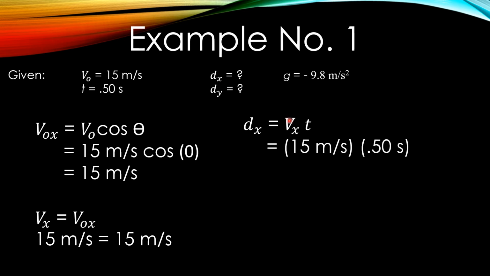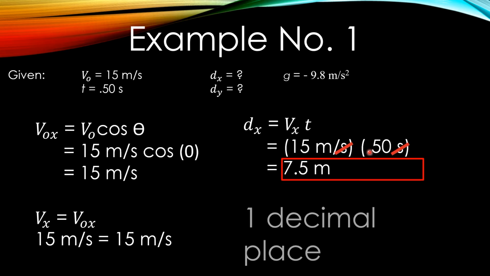We have 15 meters per second times 0.50 second. So, we need to cancel out the unit of the time, which is second. Now, 15 meters times 0.50, we have the product 7.5 meters. Okay, let's box out our final answer. Take note that the final answer should be 1 decimal place only.